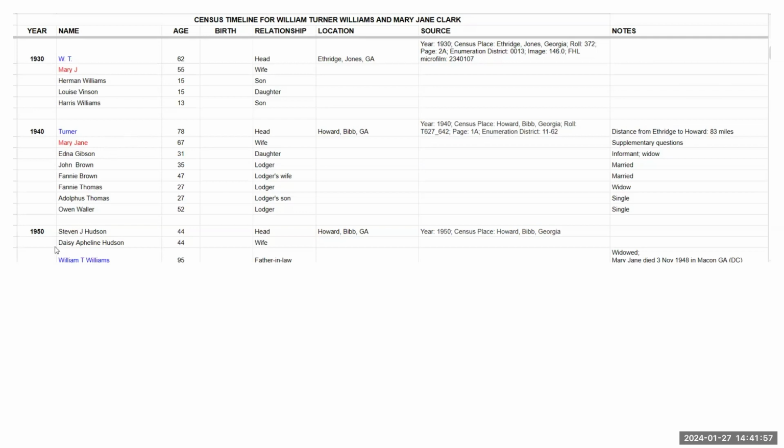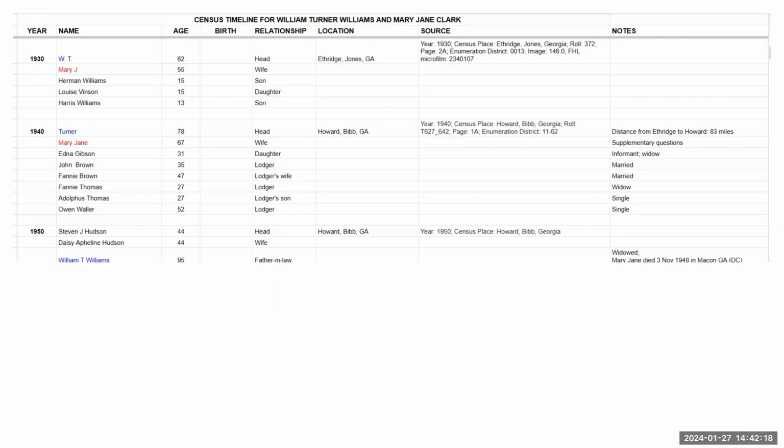In 1950, William T. Williams is living with his daughter and her husband. And I put in the notes that Mary Jane died November 3rd, 1948 in Macon.